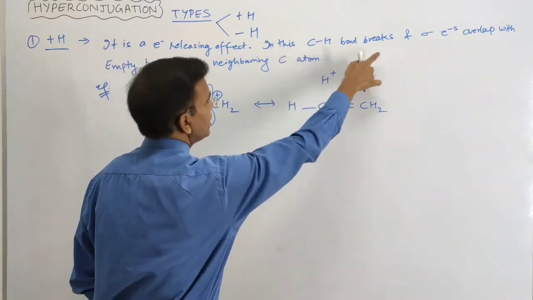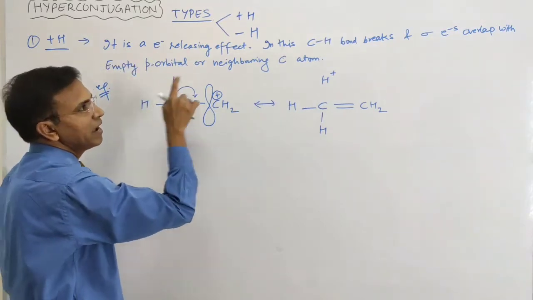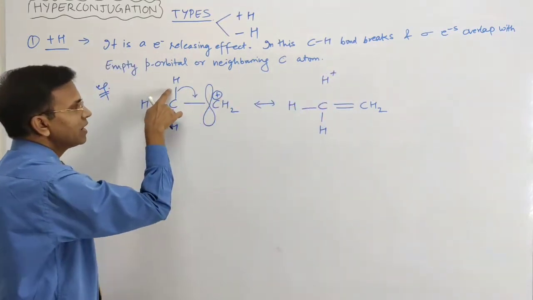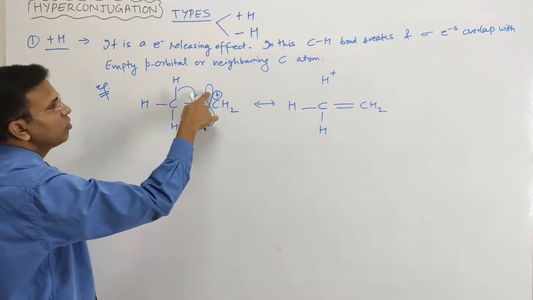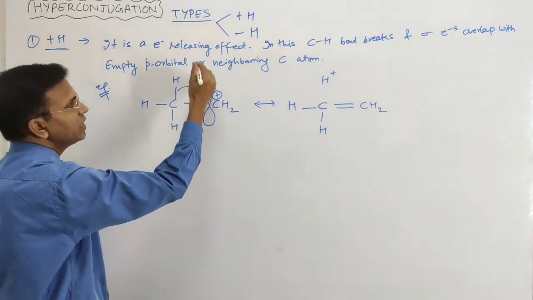In this, the CH bond breaks, and these sigma electrons overlap with the empty p orbital of the neighboring carbon atom.